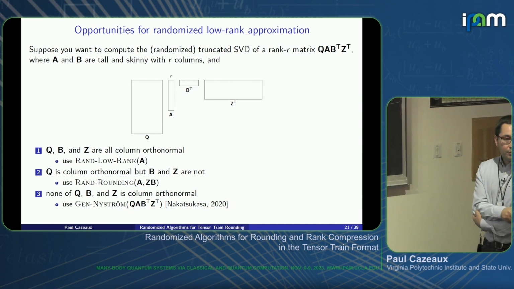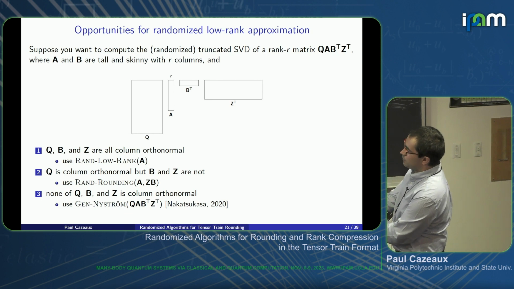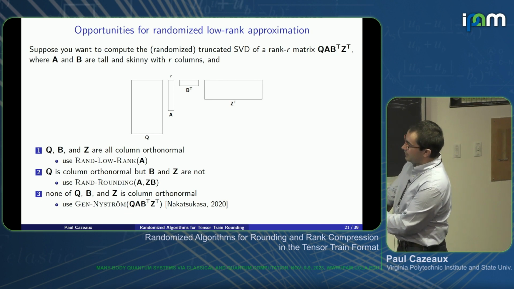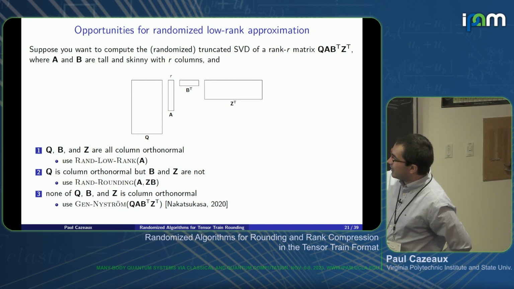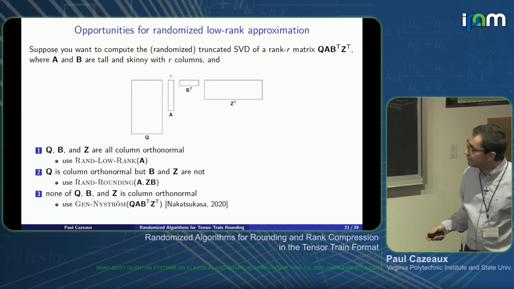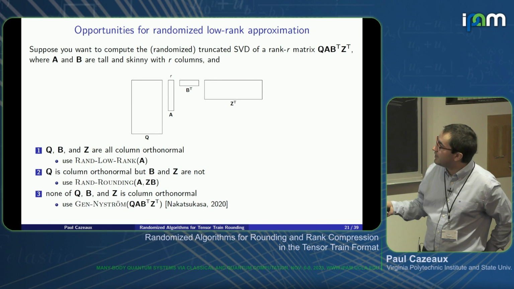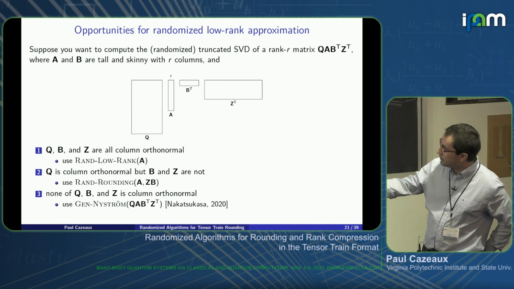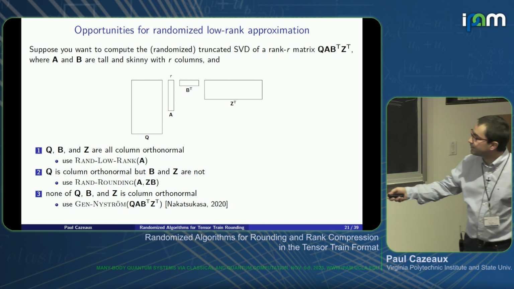So luckily, there are some opportunities here for randomized low-rank approximations. So remember this sketch where we had two cores and then the rest of the tensor expanded. So if I have the left and the right part to be orthogonal, like I do when I'm doing my traditional algorithm, then I can use the traditional randomized low-rank approximation in order to factor A and B transpose into something of smaller rank.